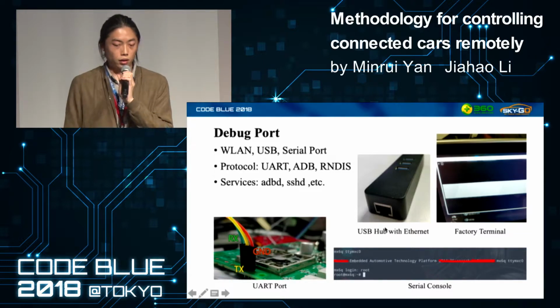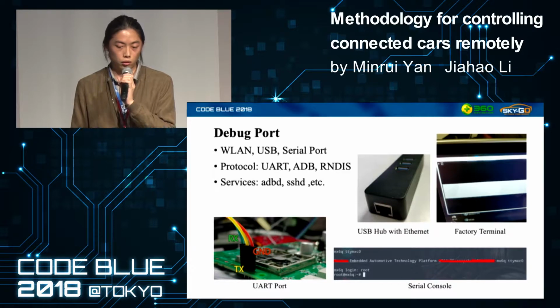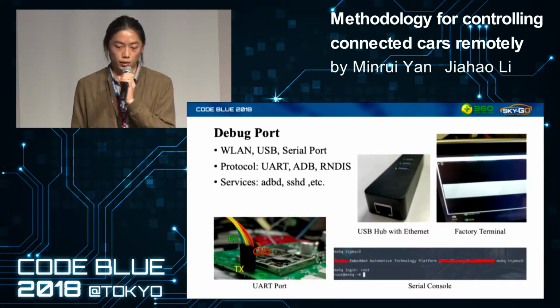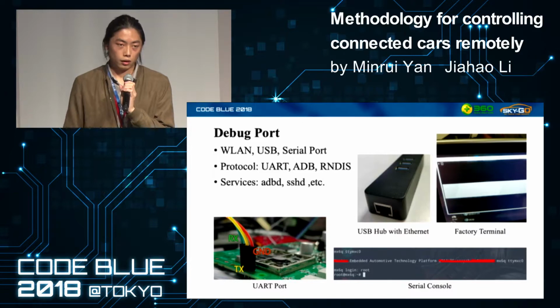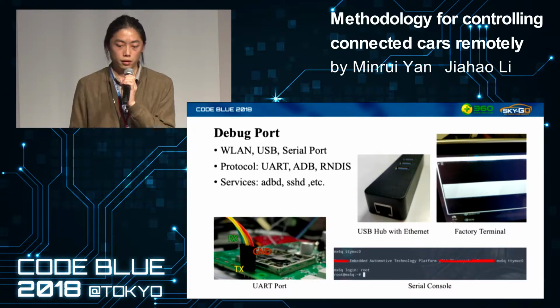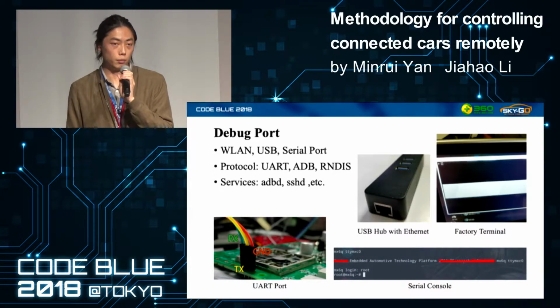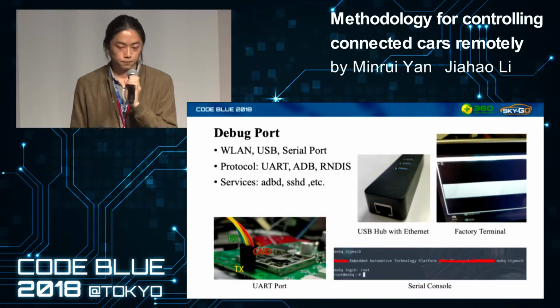Okay, for a common IVI, we can plug a USB Ethernet dongle into the media port of the IVI, and the embedded system may not verify the VID, vendor ID, and the PID, product ID, of the USB device. Thanks to the Linux default drivers, the IVI system can recognize the USB device as eth0.